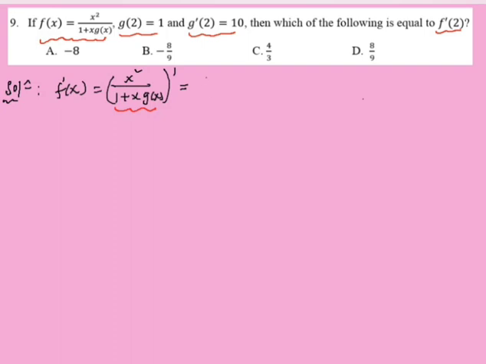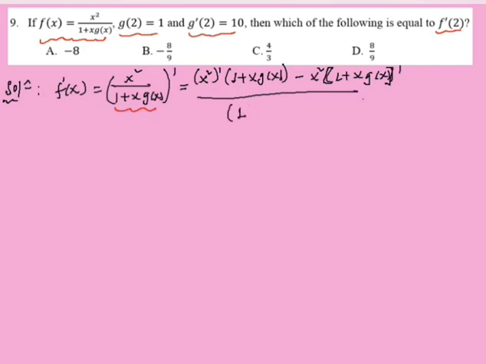So using the quotient rule, we calculate the derivative of x squared first, then 1 plus x times g of x multiplied by this, minus x squared into the derivative of 1 plus x times g of x, over 1 plus x g of x the whole square.